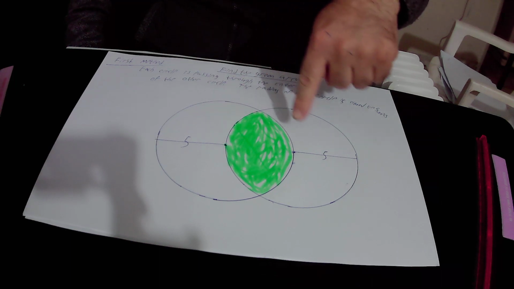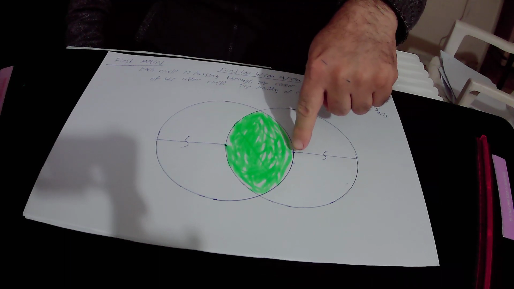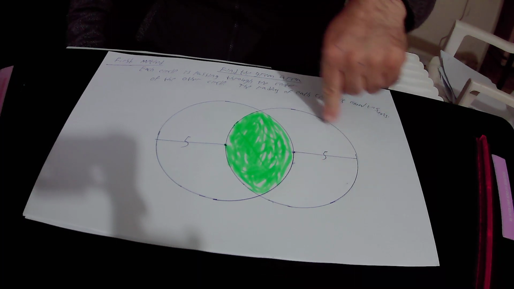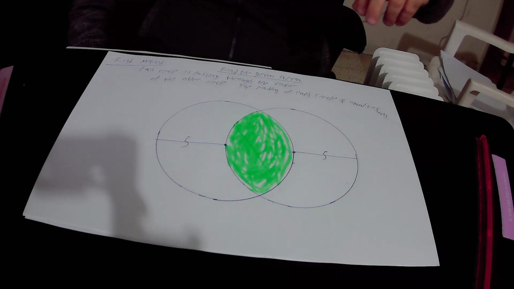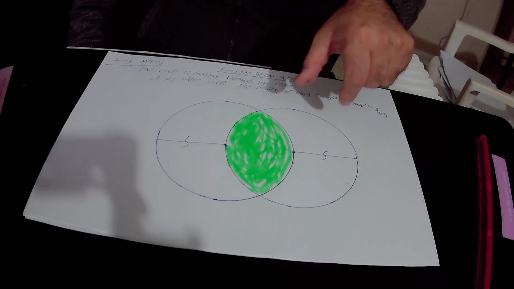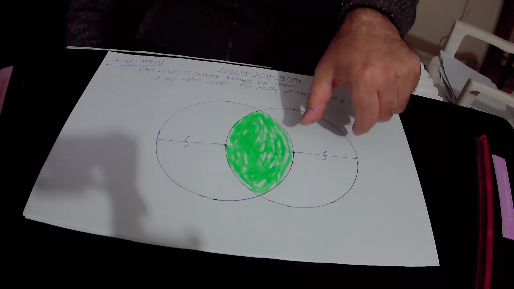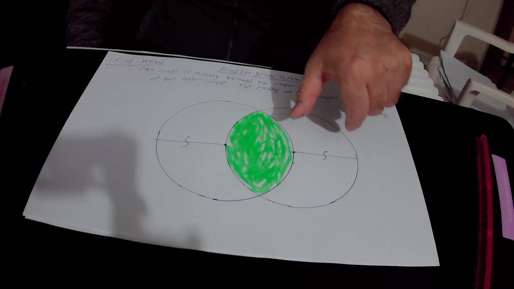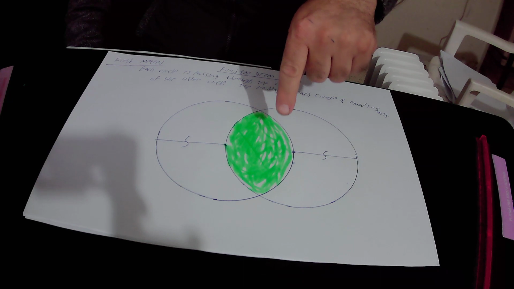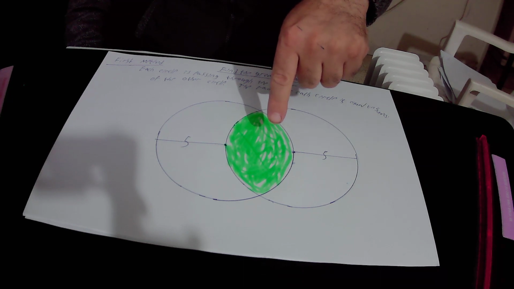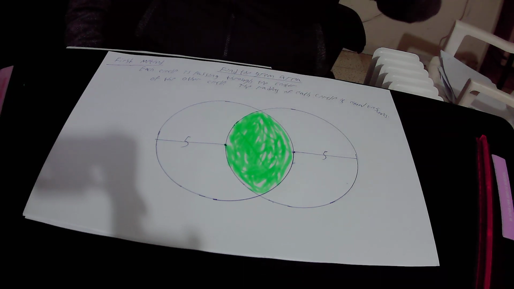This circle is passing through the center of this circle, and this circle is passing through the center of this circle, and we know that the radius of each circle is equal to 5 units, and we want to find out the area of this green shape.